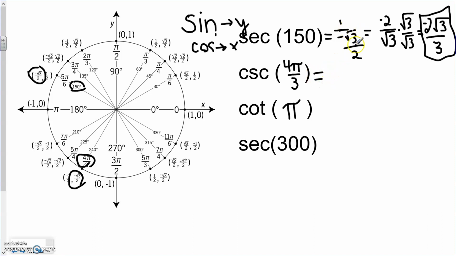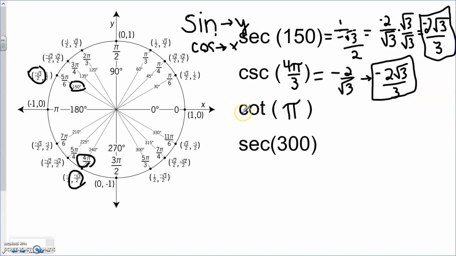So you're going to have 1 over negative radical 3 over 2, or if you flip it, just negative 2 over radical 3, which again, you have to rationalize just like you did up there in the previous. So it becomes negative 2 radical 3 over 3 as your answer here.